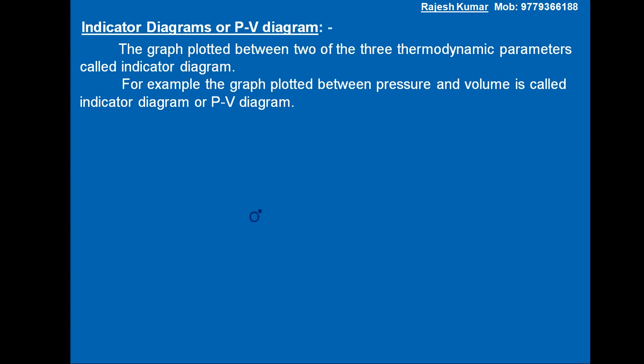For example, the graph plotted between pressure and volume is called indicator diagram or PV diagram. Suppose this is the origin O, this is the x-axis and this is the y-axis. Along the x-axis we plot volume V and along the y-axis we plot pressure P. So this is the graph for two different types of thermodynamical process.